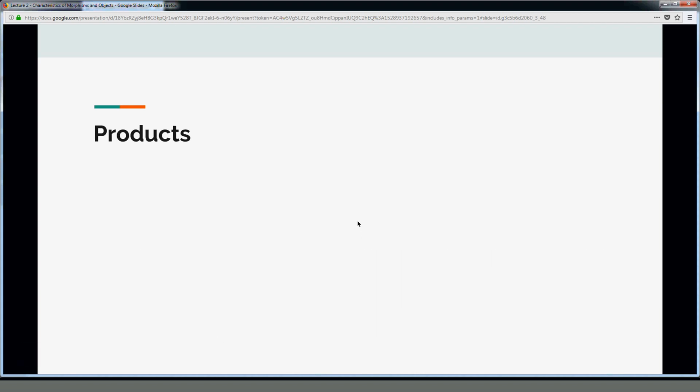Okay, so now let's talk about some more useful stuff, right? Products. Now, we've seen the product category already, right? And we saw the product of sets, which is just pairs of elements in our sets.